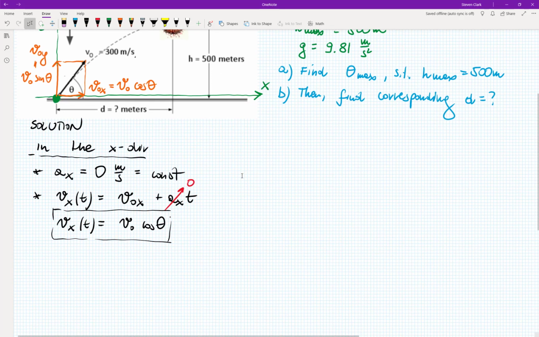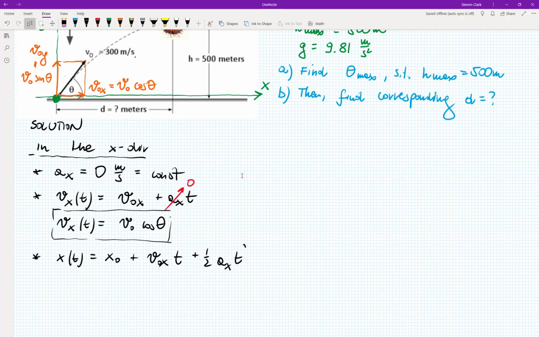Our position in the x direction can be expressed in the following way, but only if acceleration is constant. And this is 0. And this is 0.